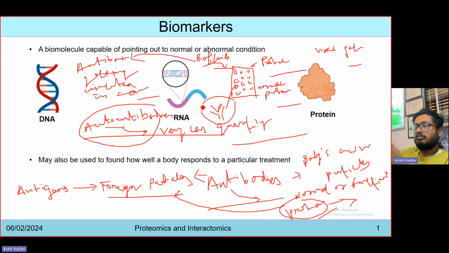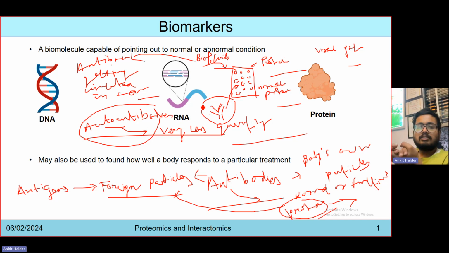So what we are trying to say is that whenever there is a disease like cancer, the normal functional proteins get deleted, or their expression gets different.